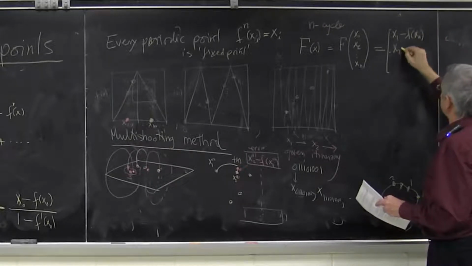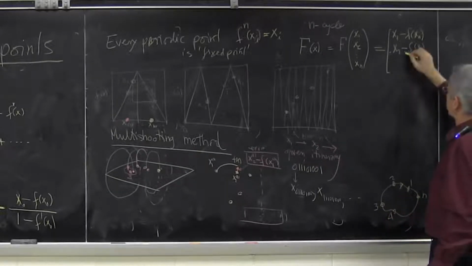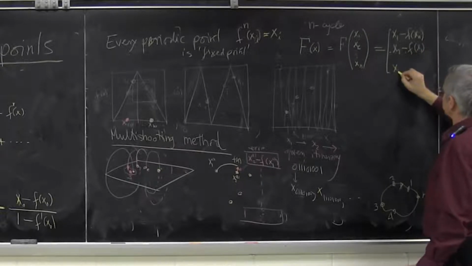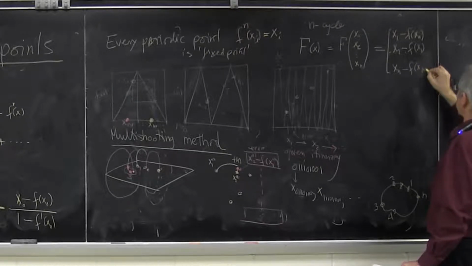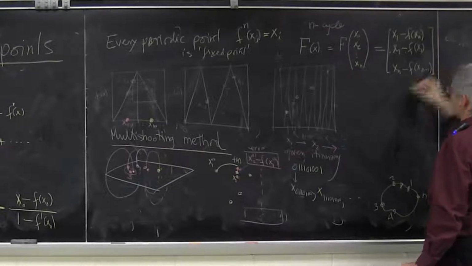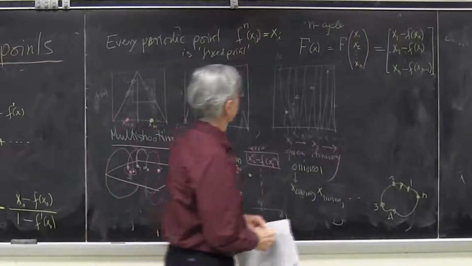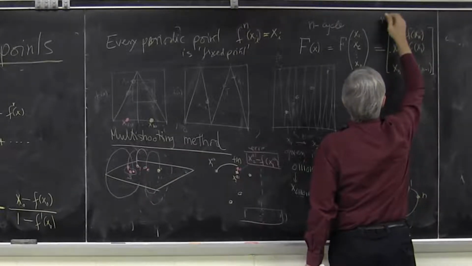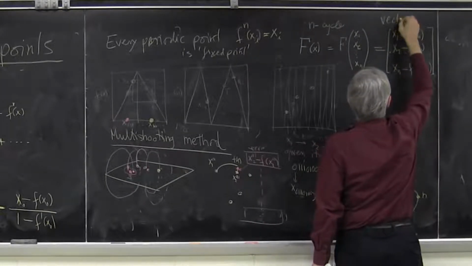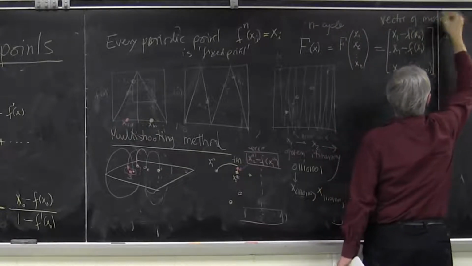Then x2, that's what I tried to reach by starting at periodic point 1, and so on, up to xn minus 1. Right, so this is a vector of, how far did I miss?